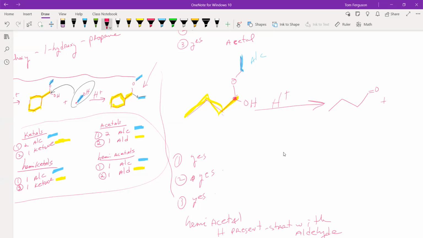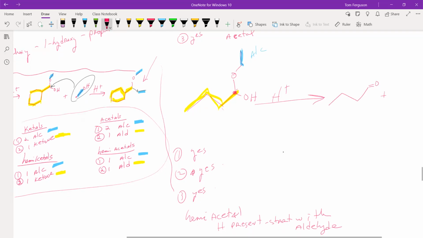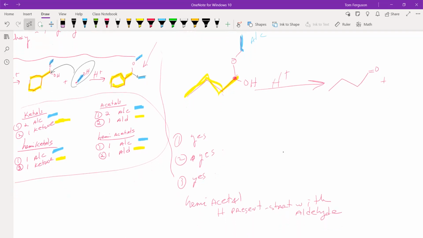And the alcohol, which is a 2-carbon alcohol.